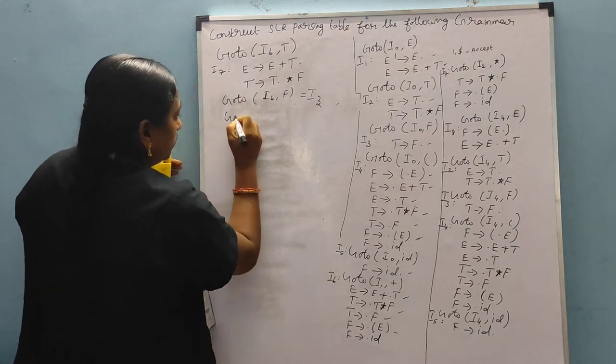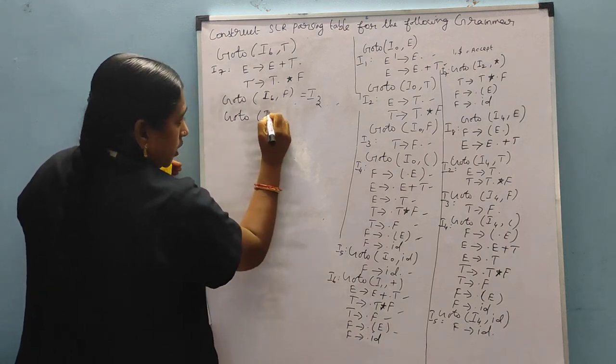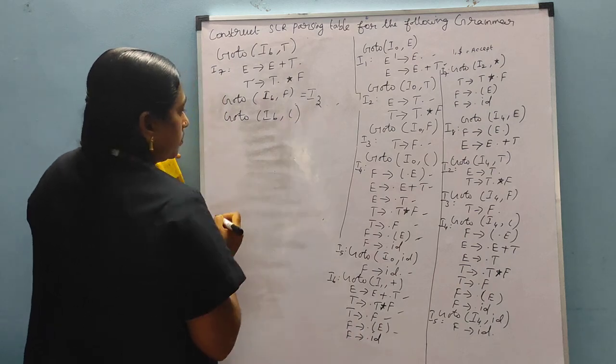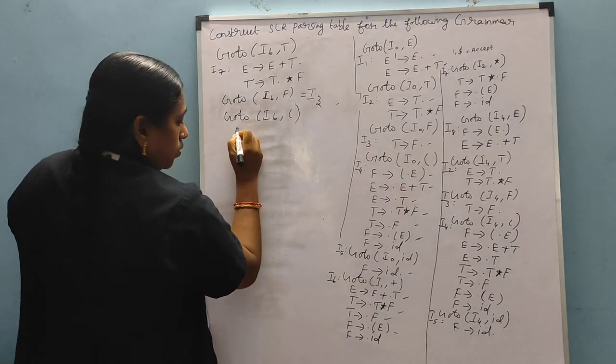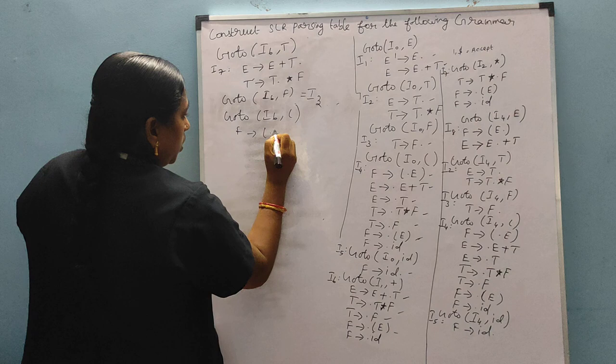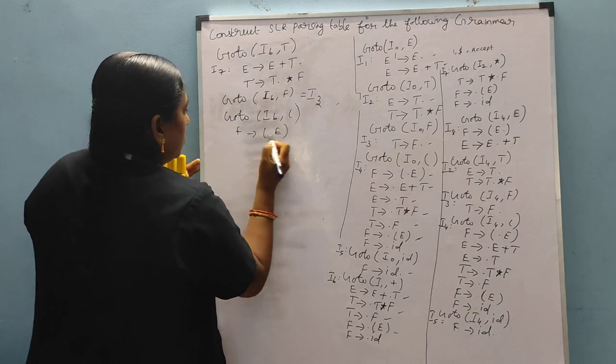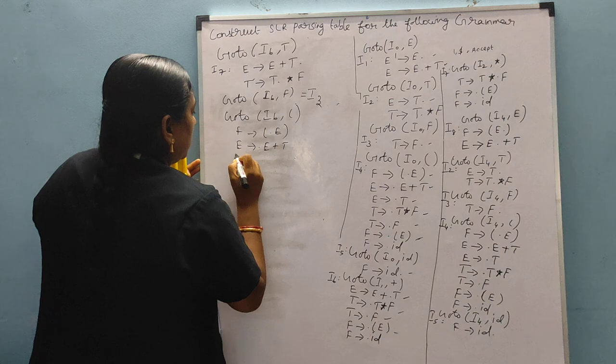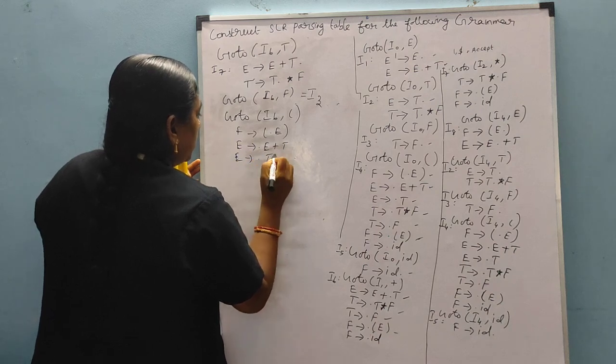So go to I6 comma open bracket. So now F tends to open bracket dot E close bracket, then add the E production from the I0 state.